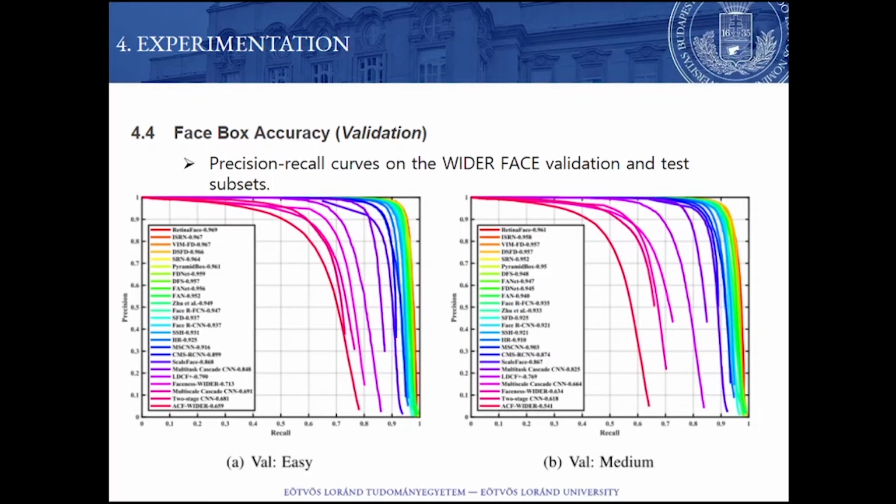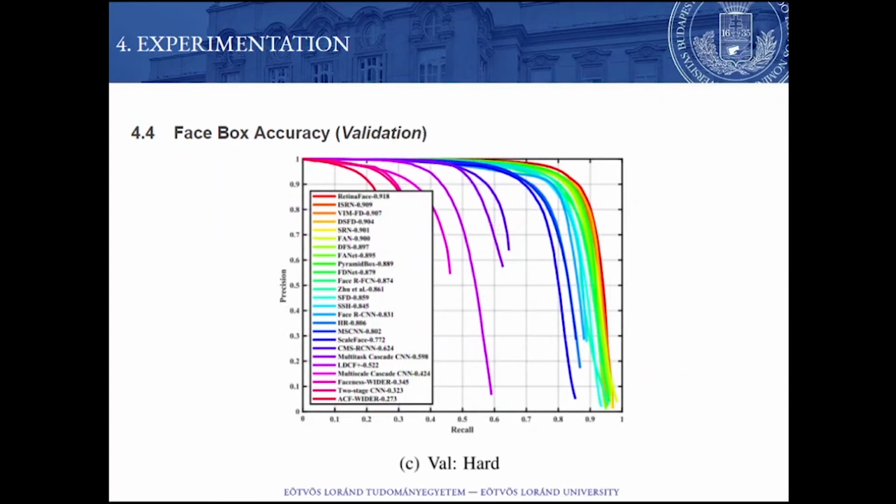This graph is for the easy validation set, as the WIDER FACE dataset has three categories: easy, medium, and hard. On the easy validation set RetinaFace outperforms with 0.969, and on medium, RetinaFace reaches 0.961. And this graph is for the hard validation set, where the RetinaFace value comes out to be 0.918, followed by the ISRN, SRN, FAN, DFS models, and FastNet.